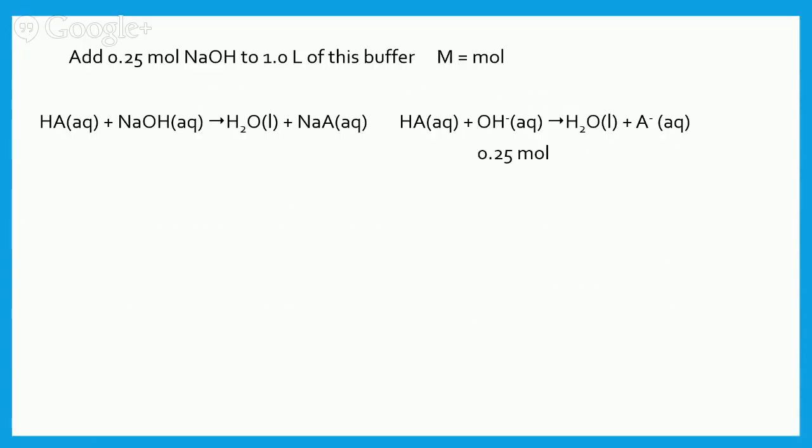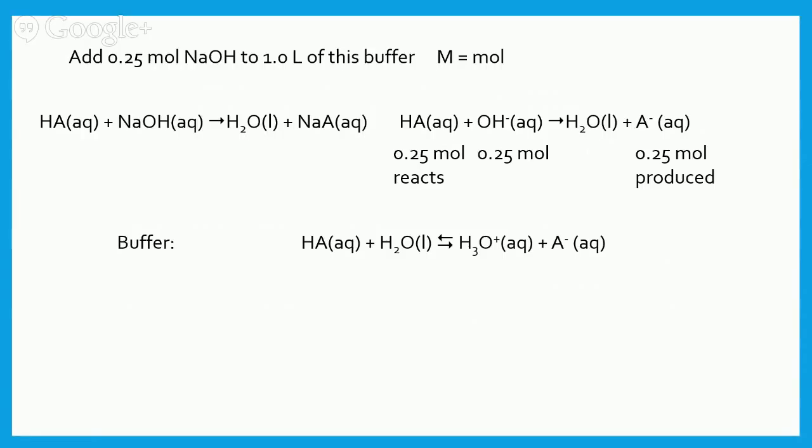So there was 0.25 moles of hydroxide present. It's going to take that much weak acid to neutralize it, because it's a 1-to-1 relationship. And in fact, everything's 1-to-1. So you're going to get that same amount of conjugate base produced from this neutralization process.